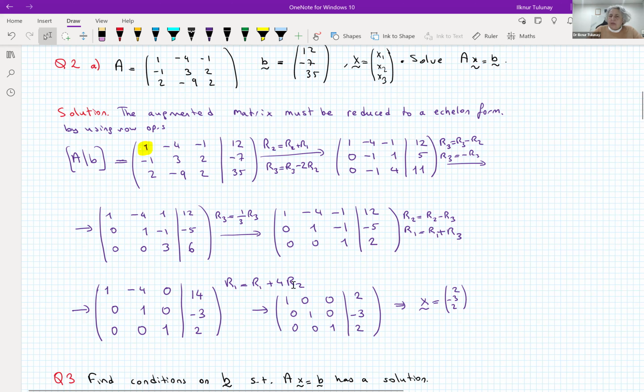In order to be able to find the unique solution, your number of equations must match the number of unknowns. Here we have 3 unknowns and we have also 3 equations. Then it is possible to find the unique solution. There are other possibilities as well. If you have 4 equations but 3 unknowns, you will have more equations than you need.